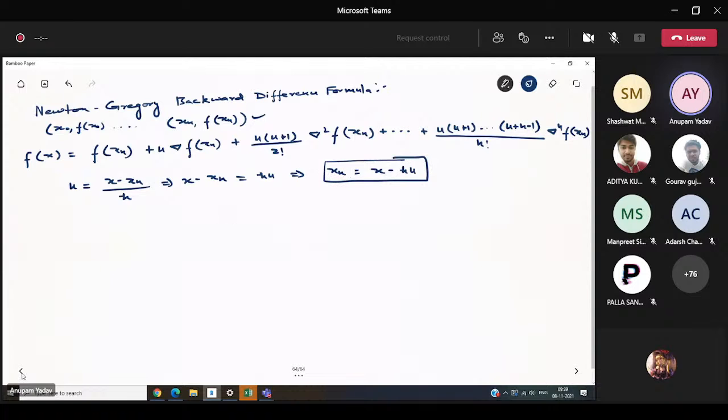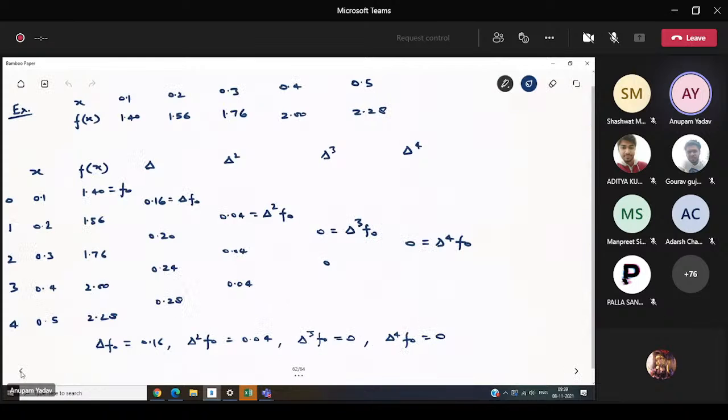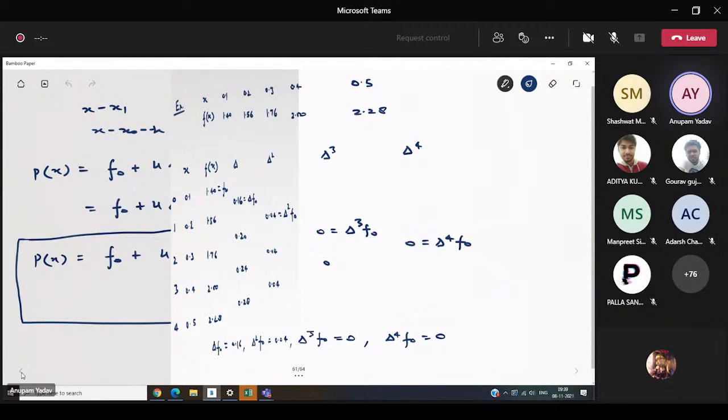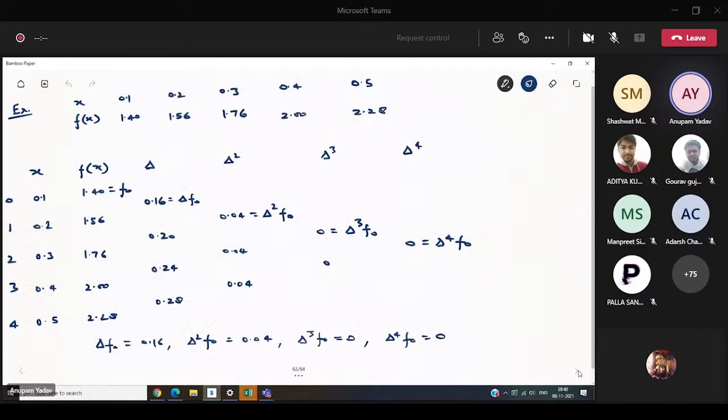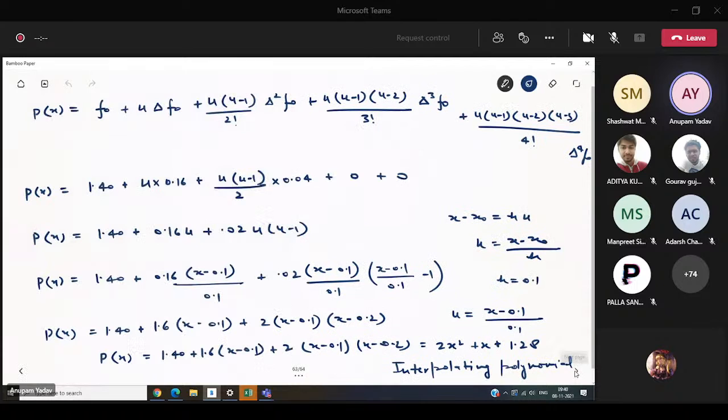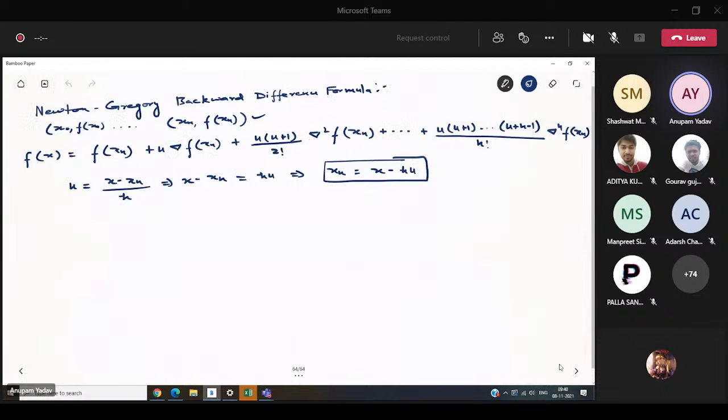So if you carefully observe, what is the difference between forward and backward? In the forward difference formula, everything we did started with the very first data of the given tabular data. But in the backward difference, it starts with the very last entry of the tabular data, and there is a difference in the value of u as well.